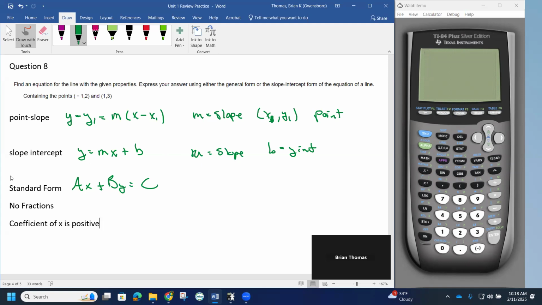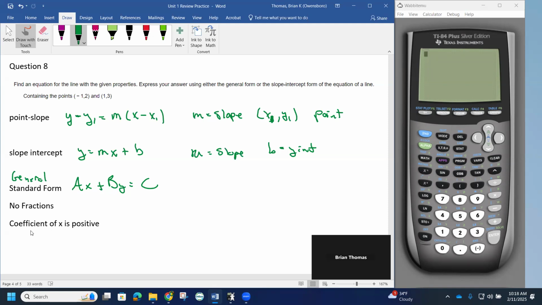Standard form is also known as general form. In general form, you have ax plus by equals c. There can't be any fractions in the problem, and the coefficient of x is positive. Notice how the x and y are on the same side of the equation, and the constants on the other side. The a, b, and c are going to be numbers, so they cannot be fractions, and the coefficient of x itself has to be positive.